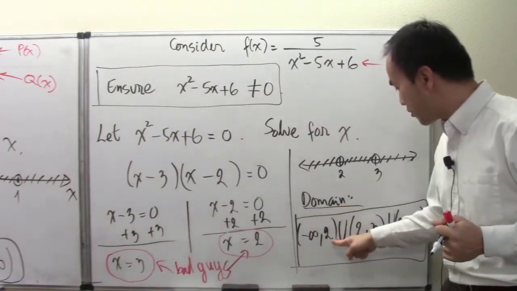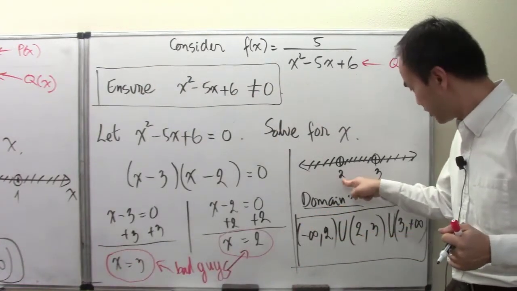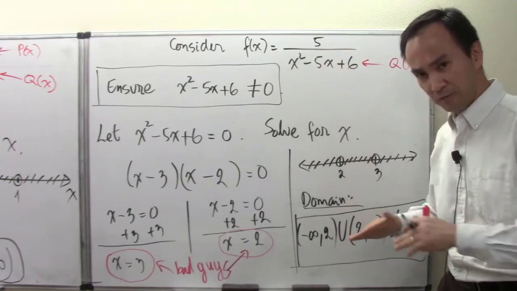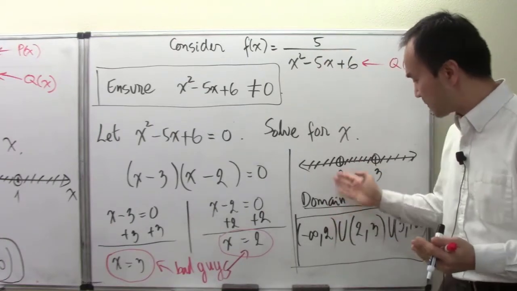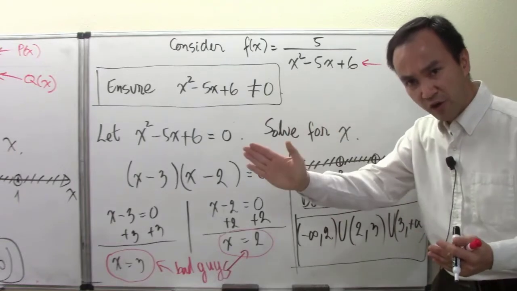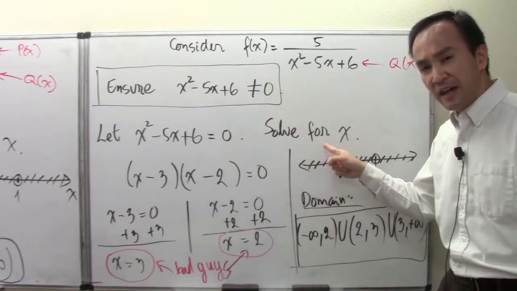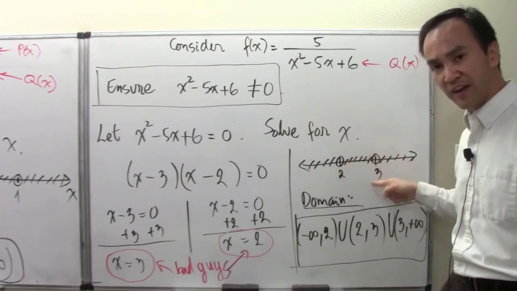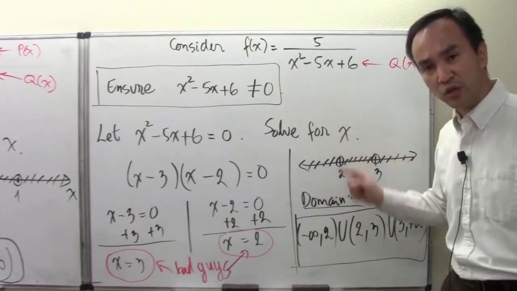These two values, 2 and 3, are the zeros of our denominator. And so finally, as a generalization, for the domain of any rational function, we just take any x values except the zeros of our denominator, our q of x.